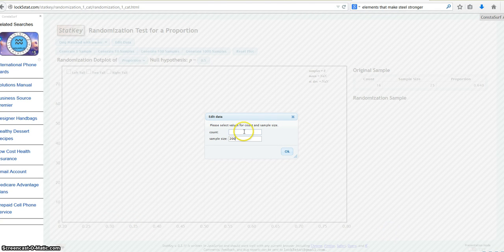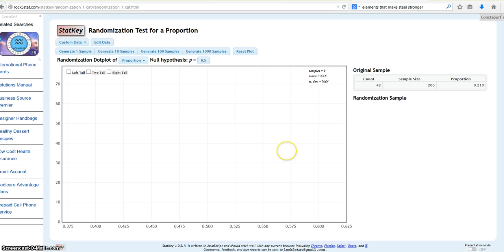So my count is 42. And now I can see that I have my correct sample size and my correct sample proportion.